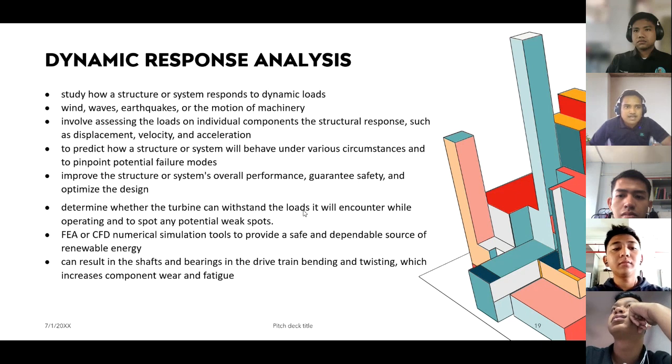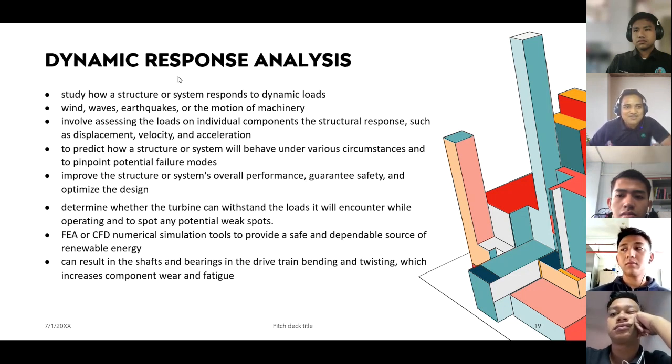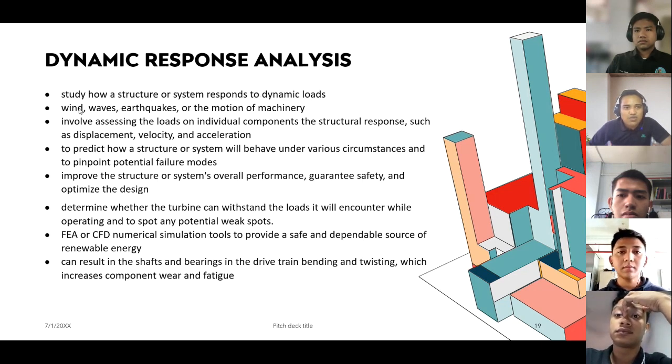Okay, the next slide is dynamic response analysis. Dynamic response analysis is a technique used to study how a structure or system responds to dynamic loads, such as wind, waves, earthquakes, or the motion of machinery. This analysis involves assessing the load on individual components and the structural response, such as displacement, velocity, and acceleration.